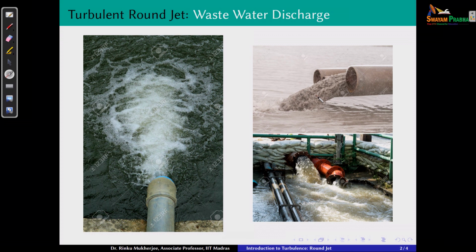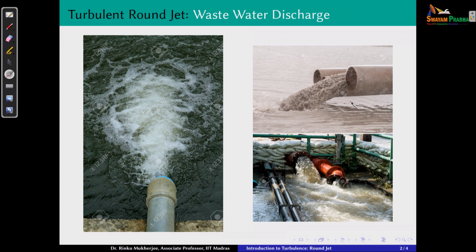It is a jet because it is coming out through an orifice, and the diameter really changes very drastically. It comes out from a small orifice into a region where there is no boundary at all. That is going to cause a jet, and that is what this jet is all about. So this is one of the practical examples of where you can find a turbulent round jet.